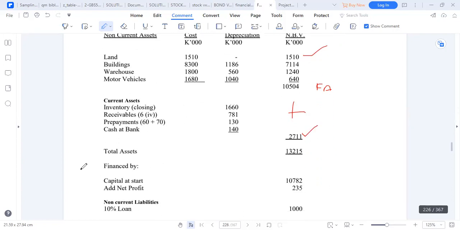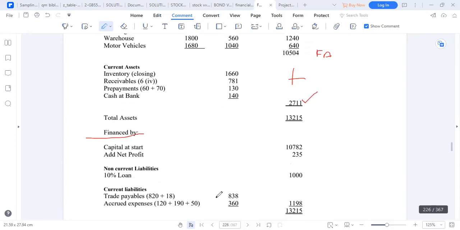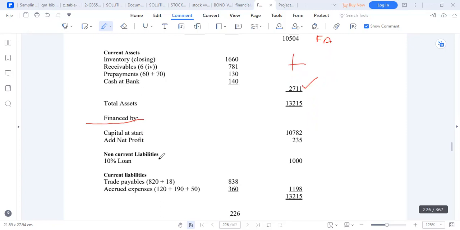When we add them, we get the total assets, which is 13,215. Then we go to finance by the capital start, 10,000. The net profit which we just calculated, which is 235. Then the long-term liabilities, we had a 10% loan, put it as it is in total, which is 1,000. And now the accruals. Remember, there was a 50 which we did not pay towards the same loan.